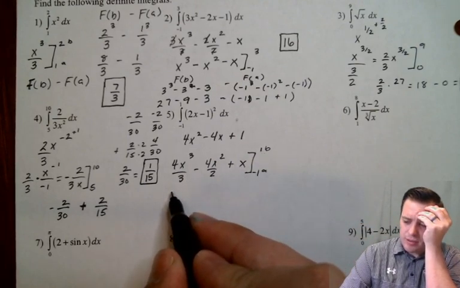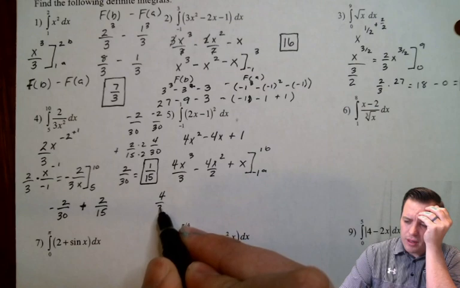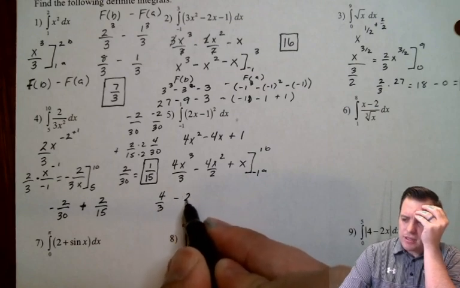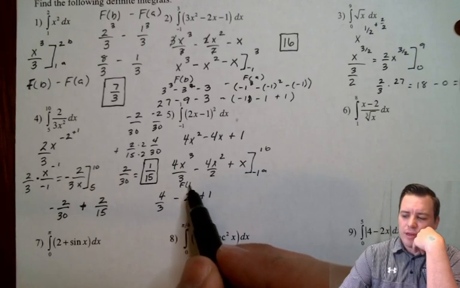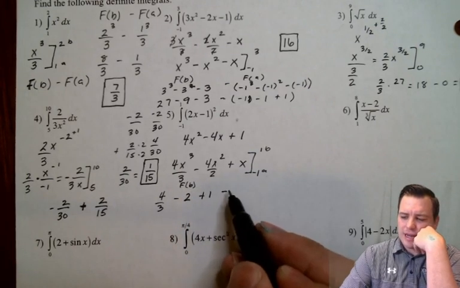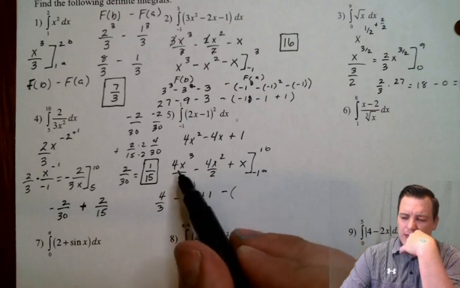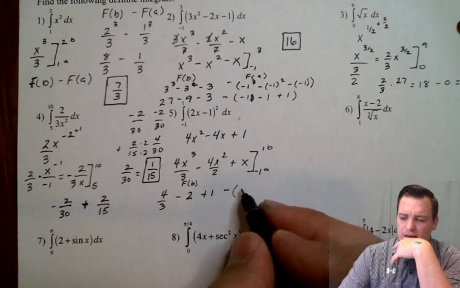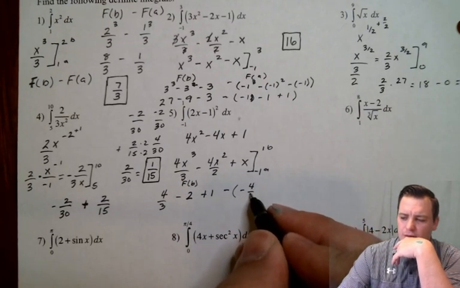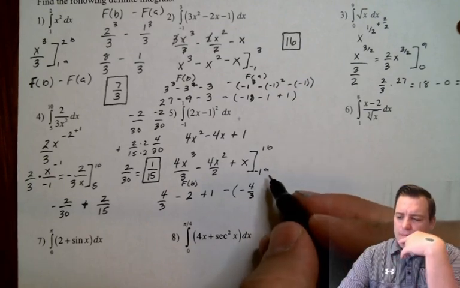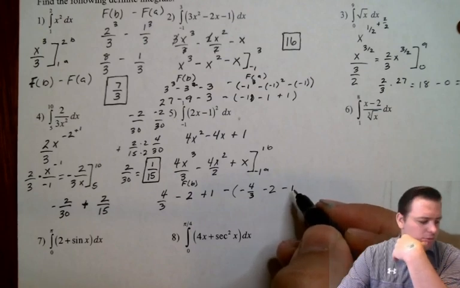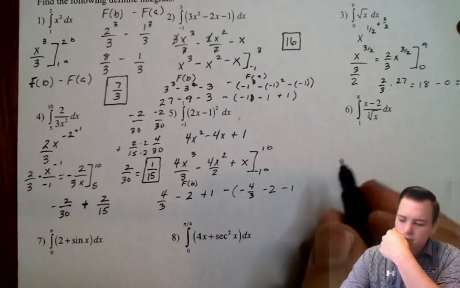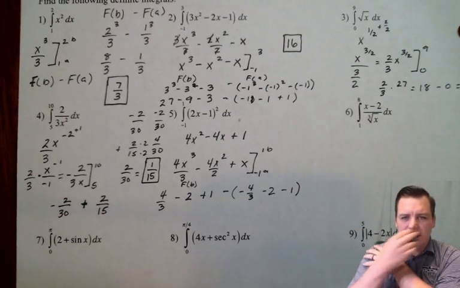So that was just simply going to be 4 over 3 minus 2 plus 1. That's all f of b. Right? And then I say minus. Now I plug in negative 1. So if I plug in negative 1, that's going to be negative 4 over 3, and then still minus 2 minus 1. And that's all f of a.